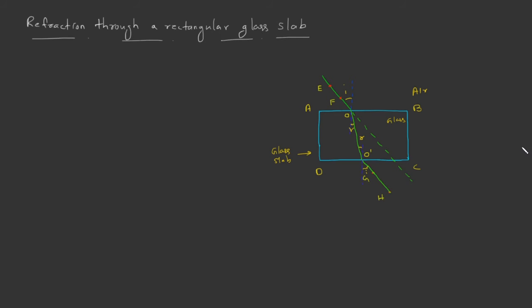Now what are the observations we are getting from this experiment or activity? We first observe that the light ray has changed its direction at the points O and O dash.